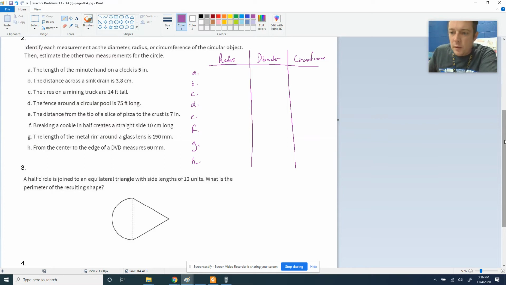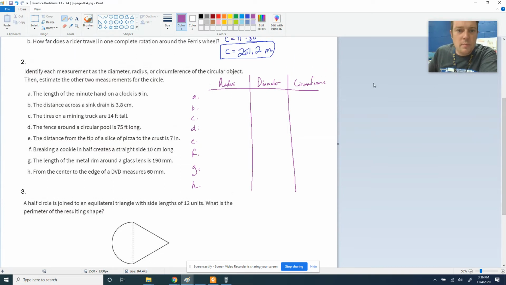And before I do that, I'm going to think about the relationships that I know. I know that the constant between these two is 3.14. It is pi. I know that the relationship between these two is times 2 because the diameter is twice as big. So those relationships should help me figure out this table.